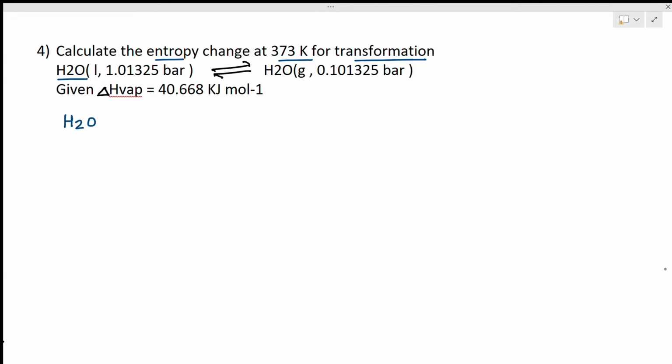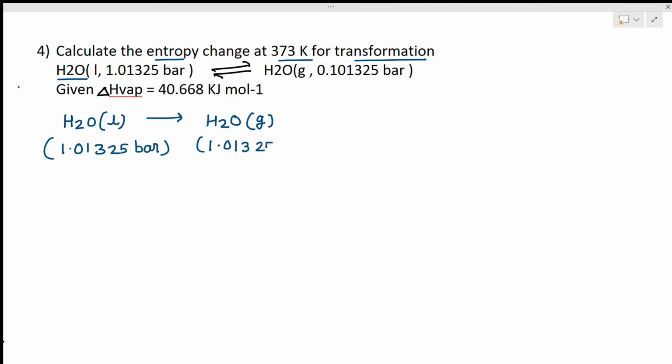Firstly, H2O liquid at 1.01325 bar is changing to H2O gas at 1.01325 bar.